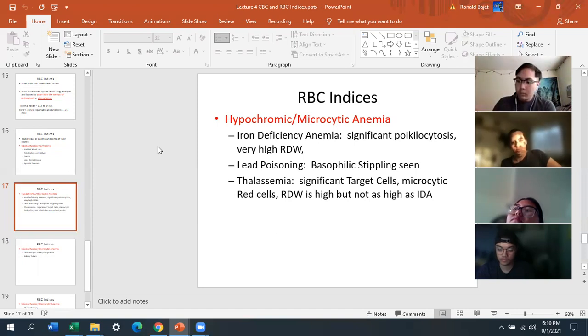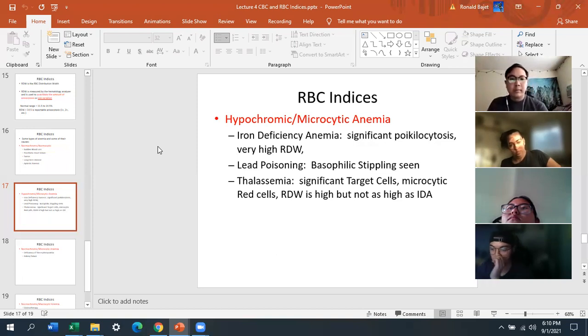So I'm going to show you a smear where you can see oval macrocytes and big cells. I'm going to ask you what anemia is this, and you're going to say it's B12 folate deficiency. And I'll ask you what type of anemia this is, and you're going to say megaloblastic anemia. Another type of hypochromic microcytic anemia is found in lead poisoning.